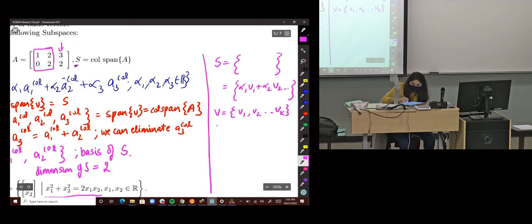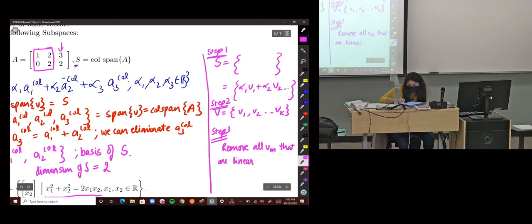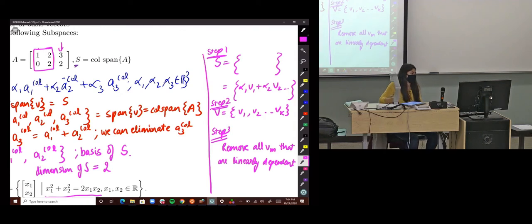So this is step 1. Step 2 is define the set of basis vectors. And then step 3 is remove all Vm that are linearly dependent. And that becomes your set of basis vectors.